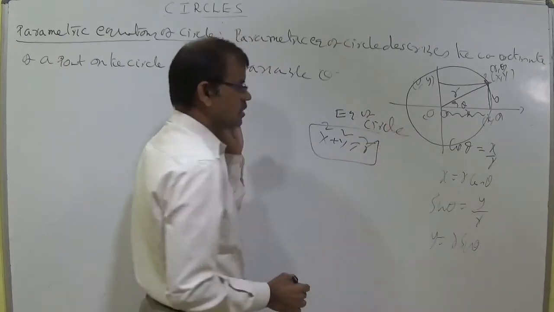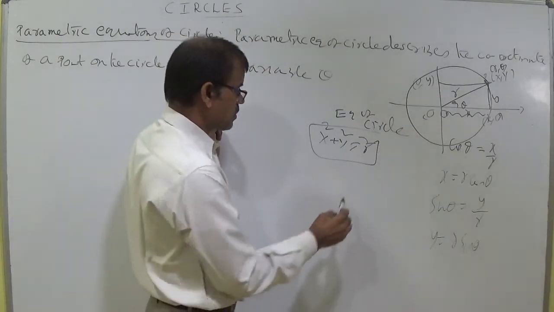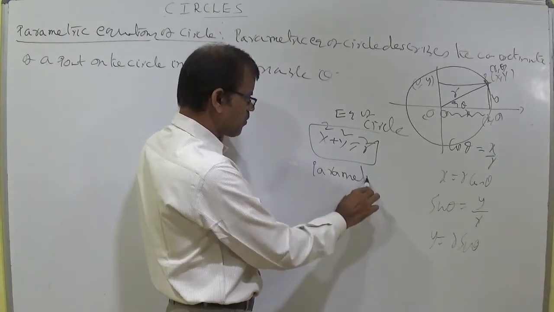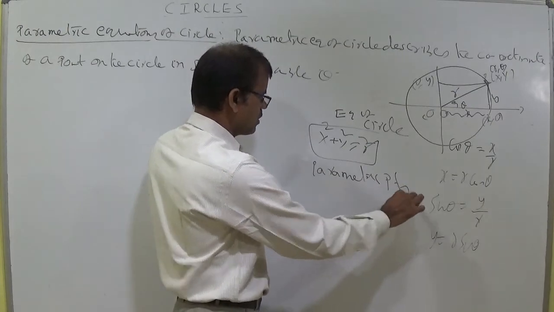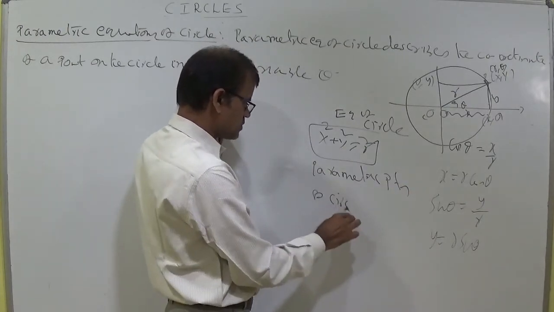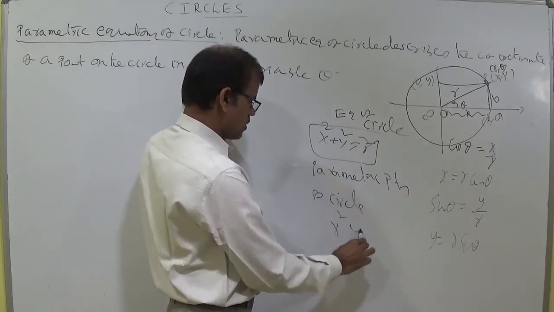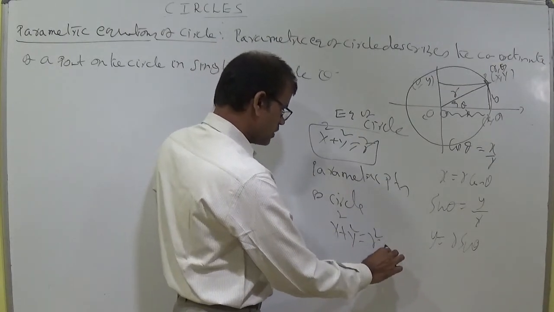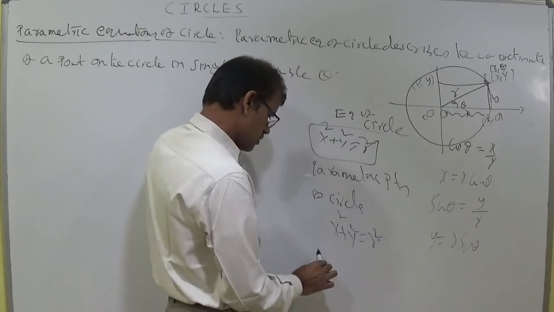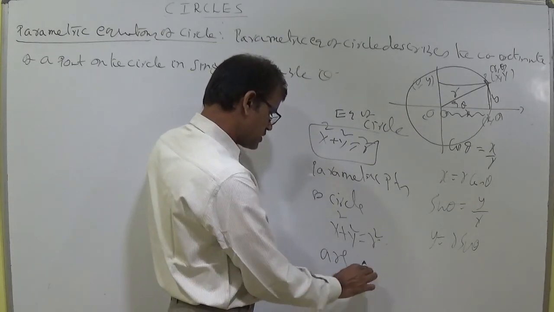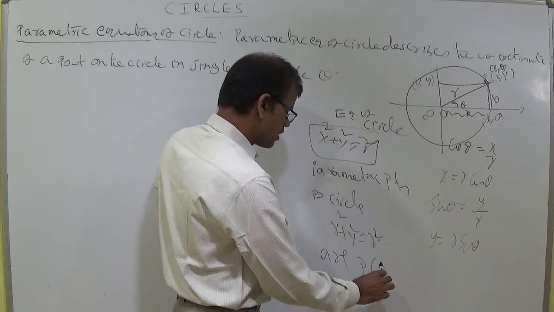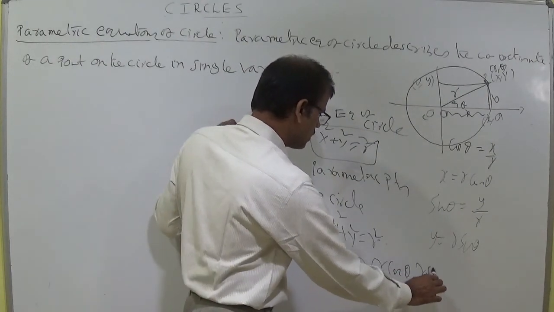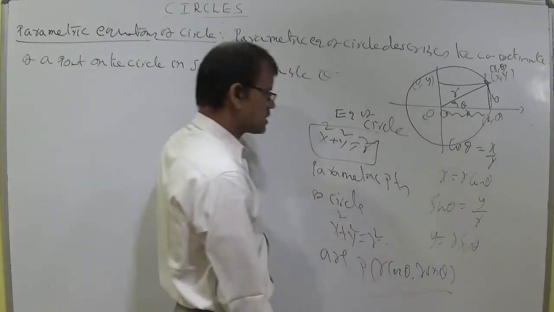So now you can say that the parametric points of circle x square plus y square is equal to r square are P equal to r cos theta comma r sin theta. That's all.